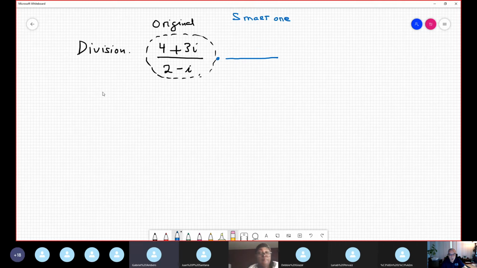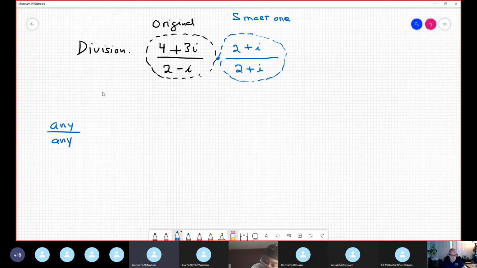You create a smart one by taking the conjugate of the complex number in the denominator. And you know that when you have any expression divided by itself, it's 1. This one is invisible, it multiplies and doesn't affect my original problem. So the blue part represents the smart one that can help me simplify the division.